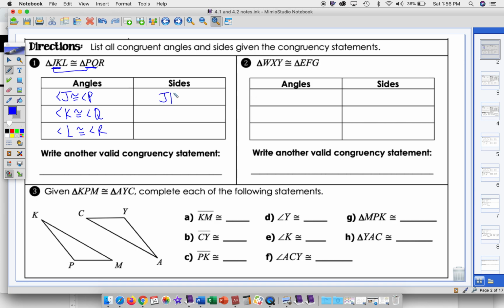So I know that JK with the bar is congruent to PQ.